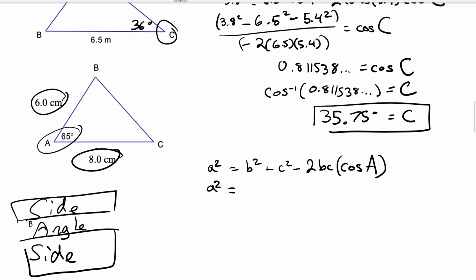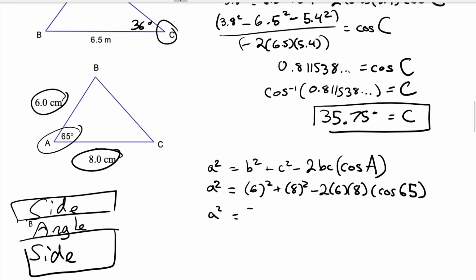I'm going to plug in 6 squared plus 8 squared minus 2 times 6 times 8 times the cos of 65. So a squared, when I plug all of this into my calculator, I get 6 squared plus 8 squared, subtract 2 times 6 times 8 cos of 65.